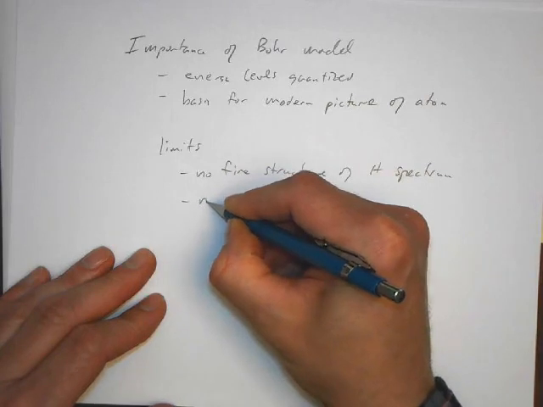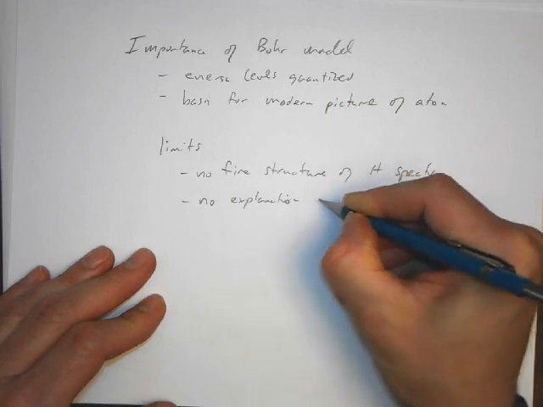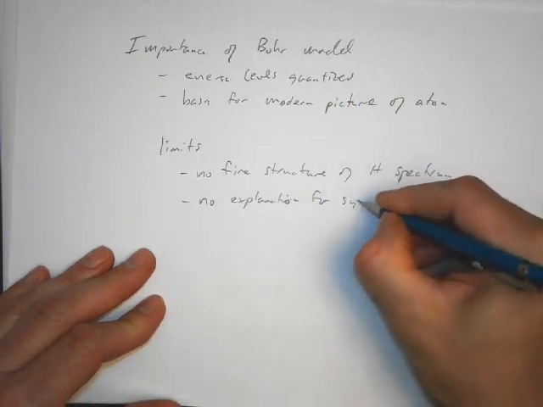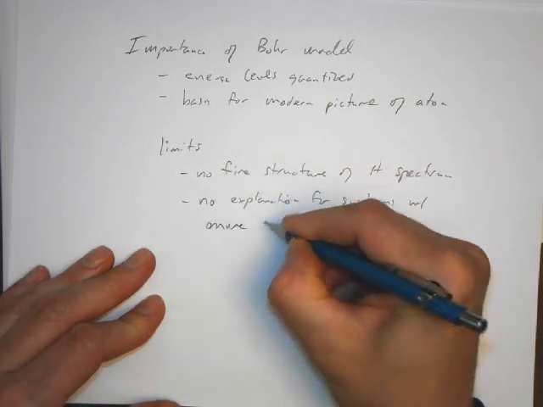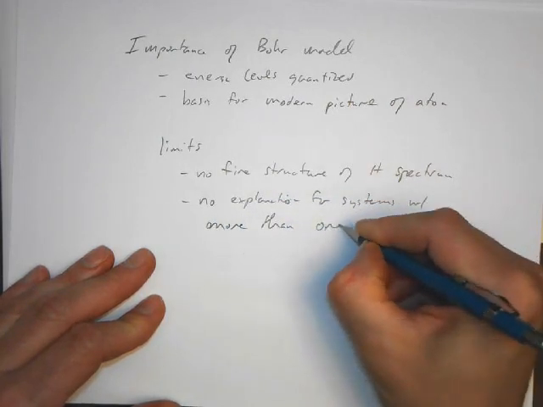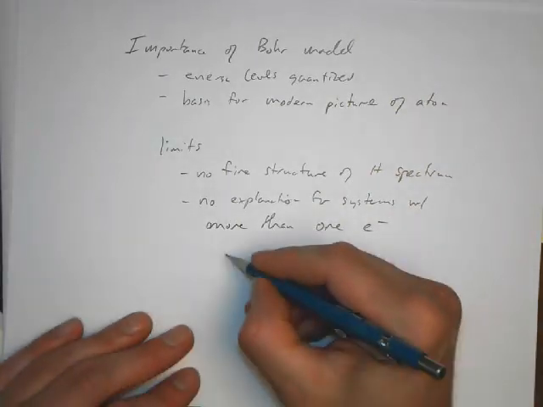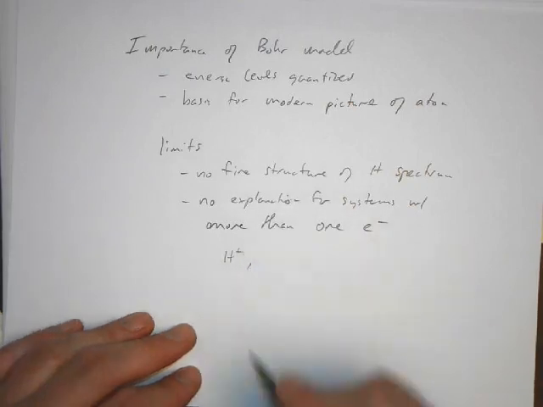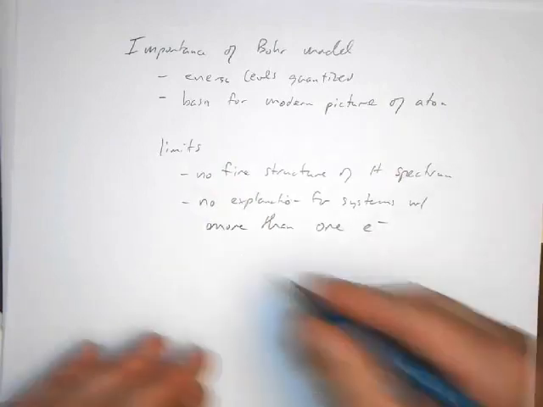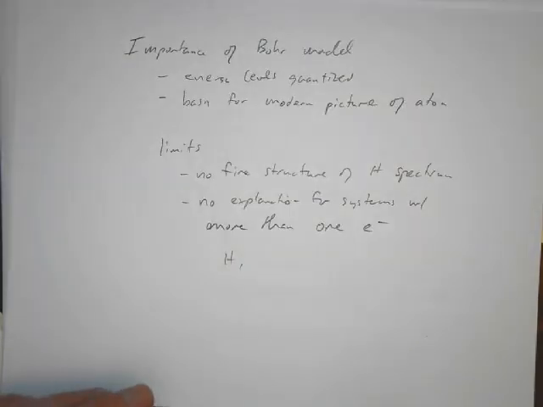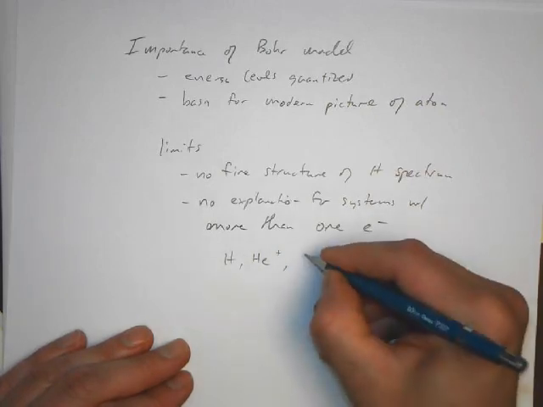There's also no explanation for systems with more than one electron. This picture works great if you're talking about hydrogen. It works great for helium if you remove one electron, so there's only one electron.